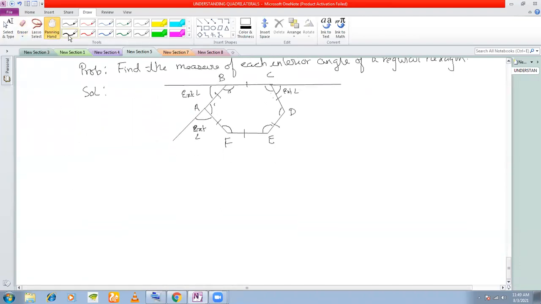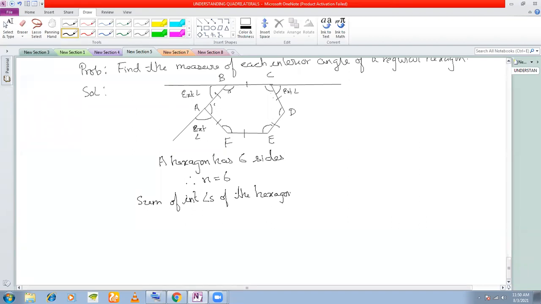Okay, so now a hexagon has how many sides? 6 sides. Sir, 5 sides. 6 sides. Therefore, n is equal to 6 here, right? So what is the sum of interior angles of the hexagon? (2n minus 4) into 90.